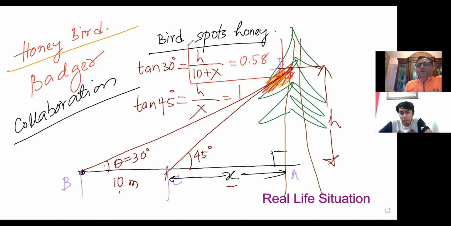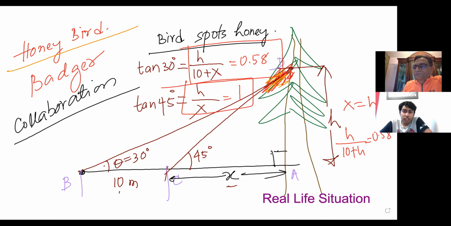From equation 2, how are h and x related? They are equal, because the ratio is 1. So you can say x is equal to h and substitute here. So we have h over 10 plus h equals 0.58. Now you can cross multiply and find the value of h. You understand?